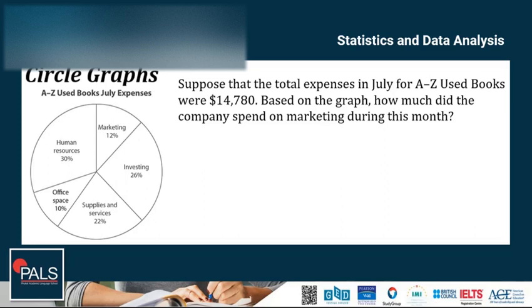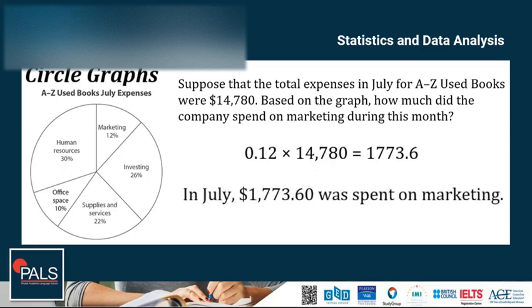All we need to do is multiply 0.12, because marketing is 12%, times 14,780, which equals $1,773.6. So the answer is, in July, $1,773.60 was spent on marketing.